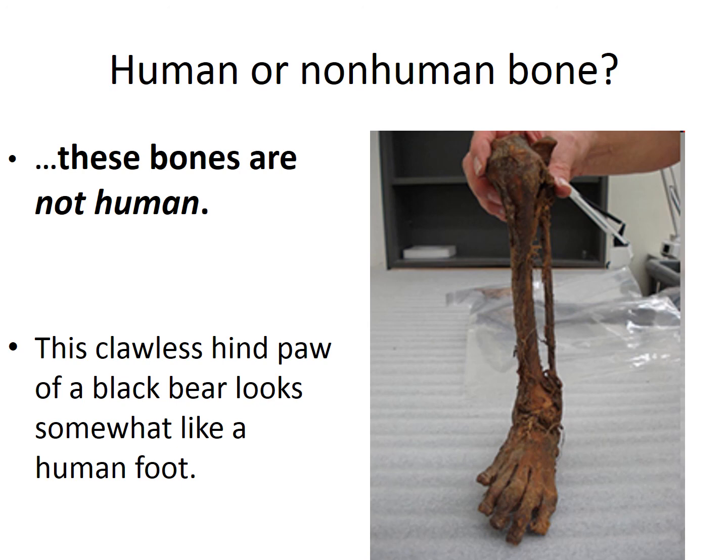But if I found these out in the woods, I'd be like, ooh, geez, 911. And I think most first responders would be like, oh, geez. But at the end of the day, it's just a black bear, which I'd still be pretty concerned about if I found that in my backyard.